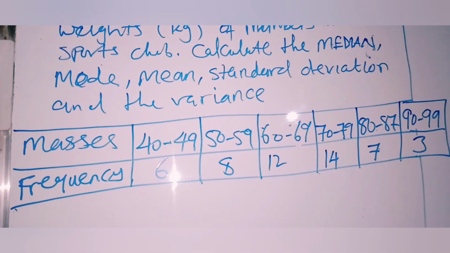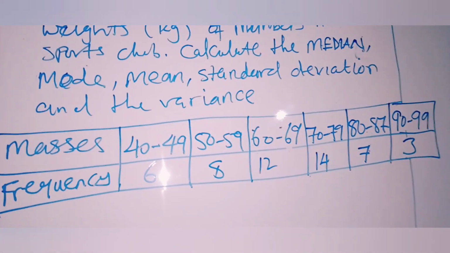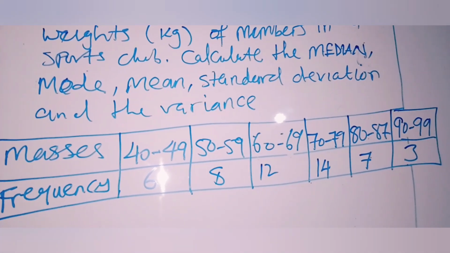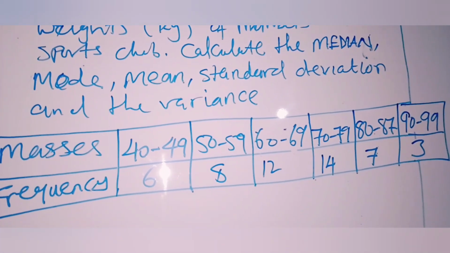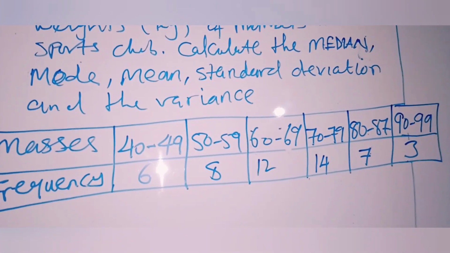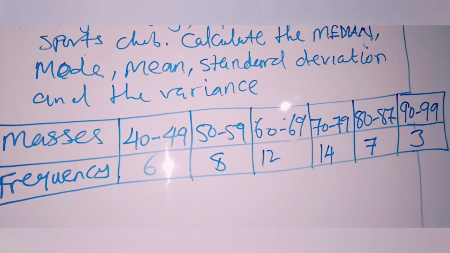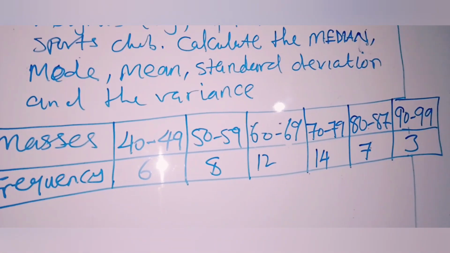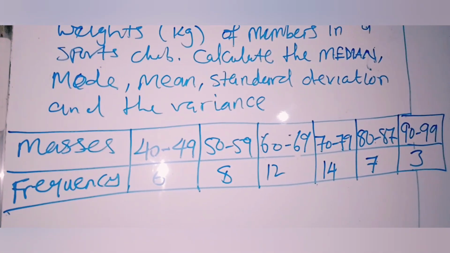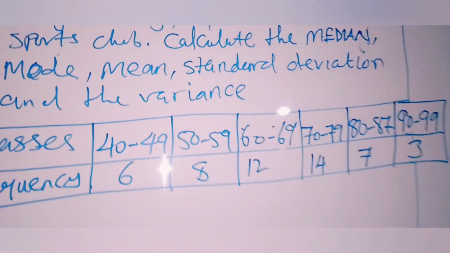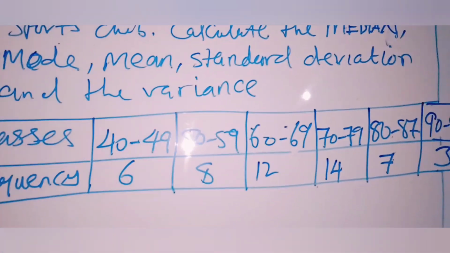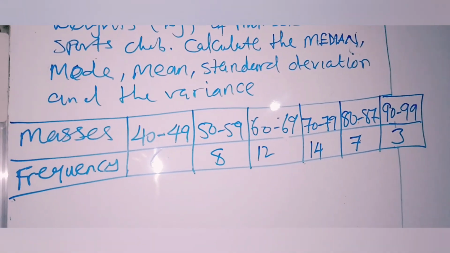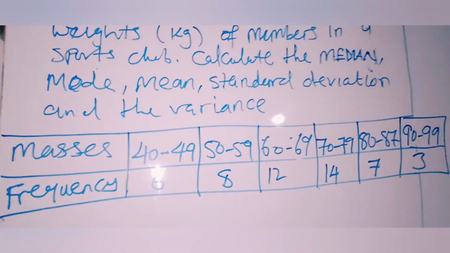What kind of data is this? Remember we talked about quantitative, qualitative, right? If it is quantitative, what is the type? Is it discrete or continuous? You should be applying the knowledge we got from the start. The table below shows the weights in kg. It is dealing with measurement. What type of quantity is it? You should know about that.